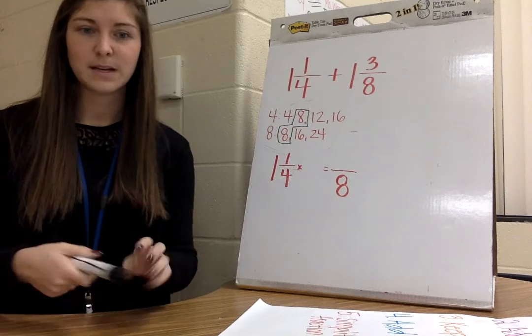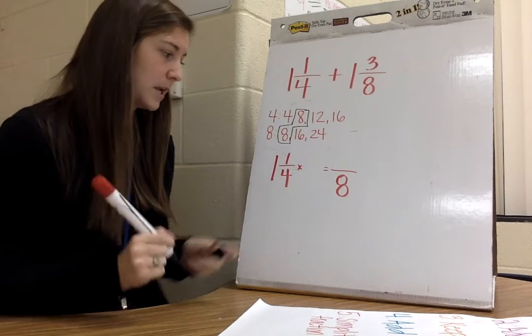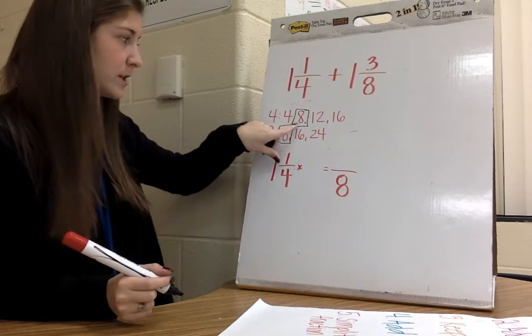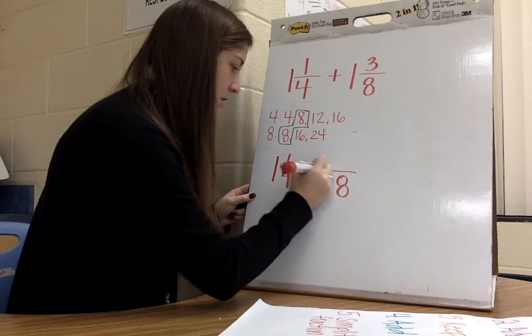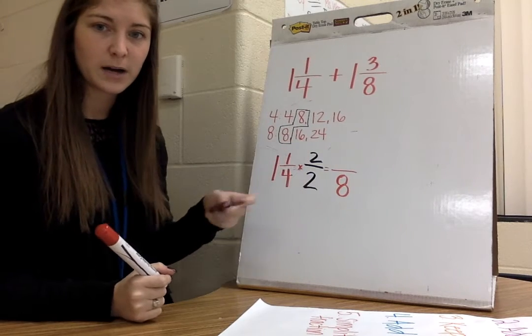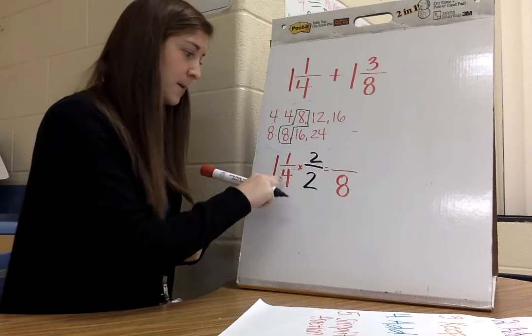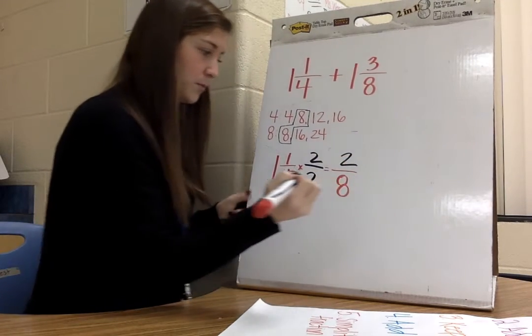So I have to think to myself, what can I multiply 4 by in order to get to my denominator of 8? Well, 4 times 1 is 4. 4 times 2 is 8, so I'm going to have to multiply by 2. And what I do to the top, I also have to do to the bottom, so you cannot forget to multiply your numerator by that as well. So 2 times 1 is 2.